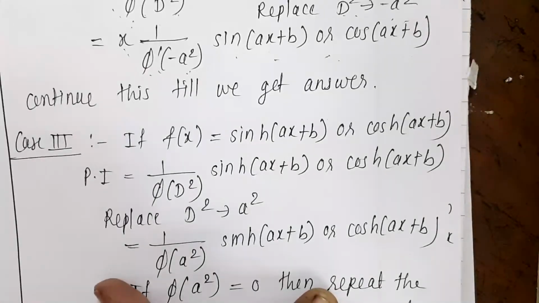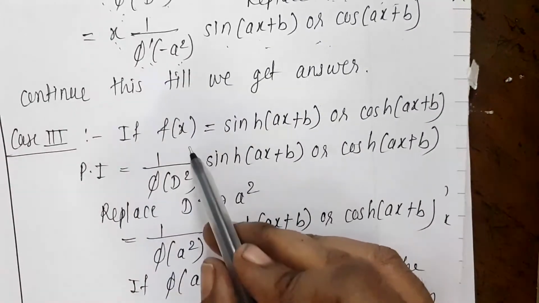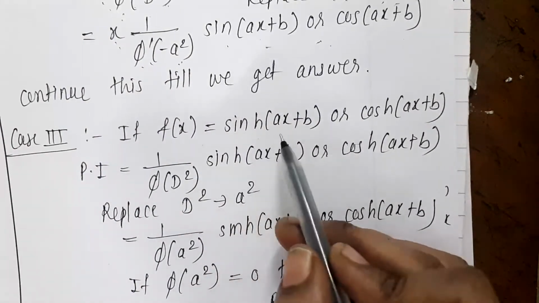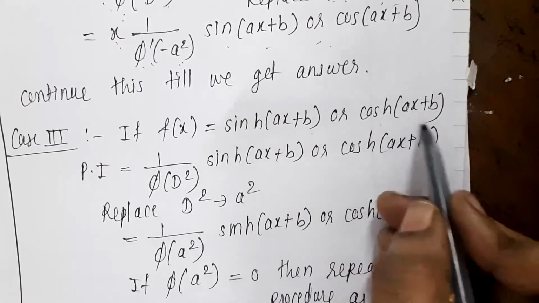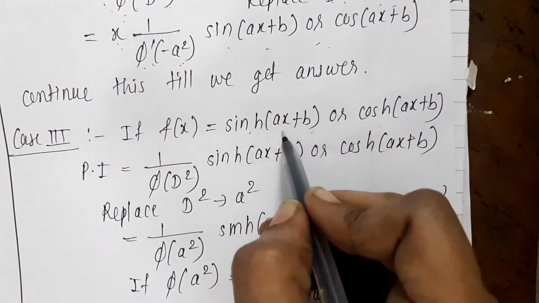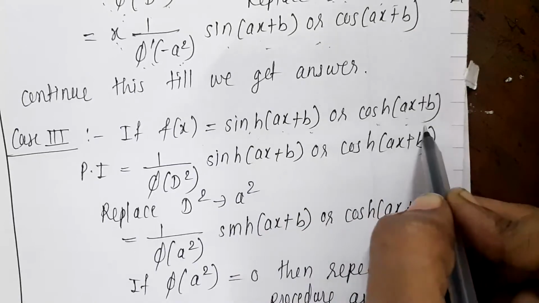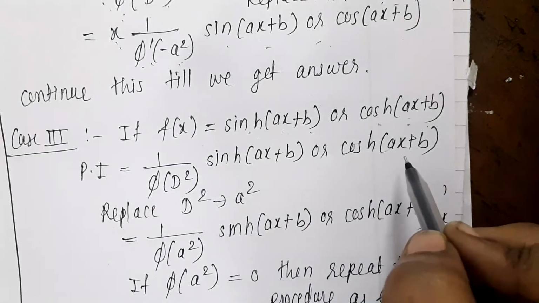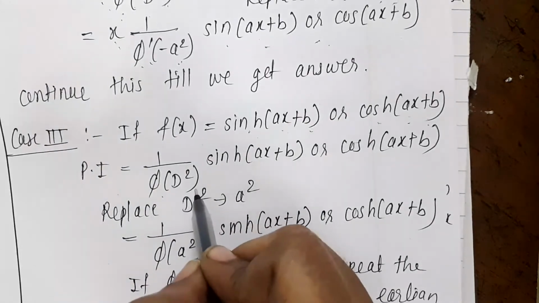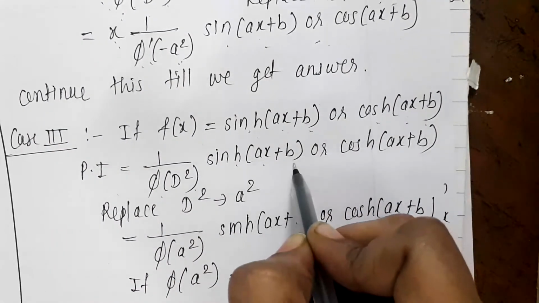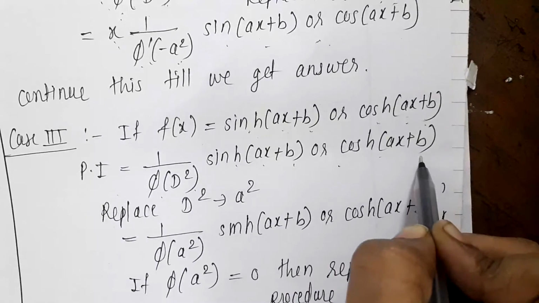Next, case number 3. Case number 3 is if f of x is equal to sine hyperbolic of ax plus b or cos hyperbolic of ax plus b. Sinh of ax plus b or cosh of ax plus b, then the particular integral is 1 upon phi of D square sinh of ax plus b or cosh of ax plus b.